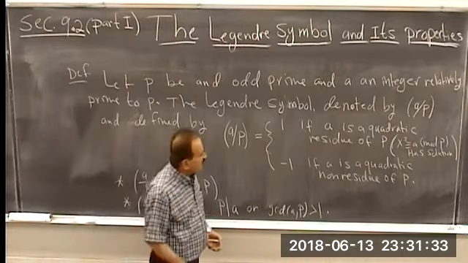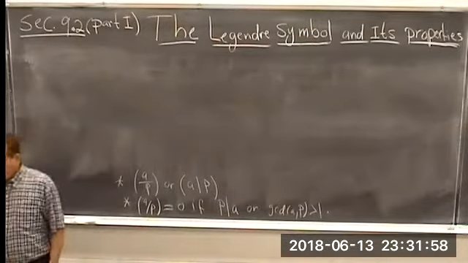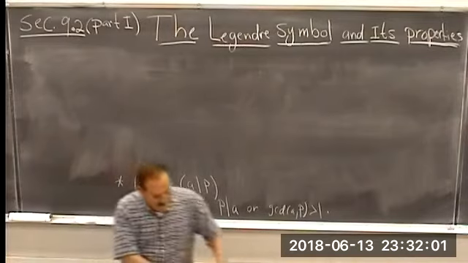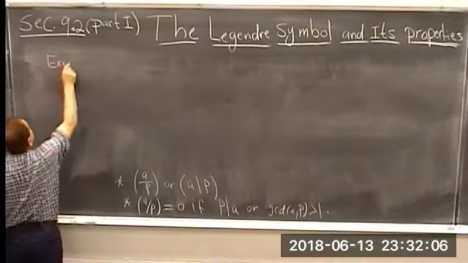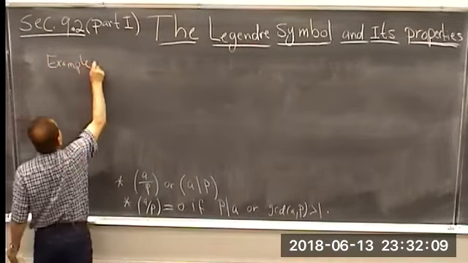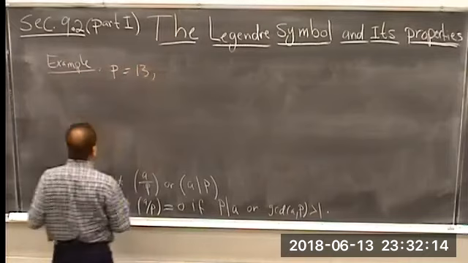All right. So let's look at an example. We've seen quadratic residues for the prime 13. We actually did look at this example, we listed all of them. For example, you take p equal 13.